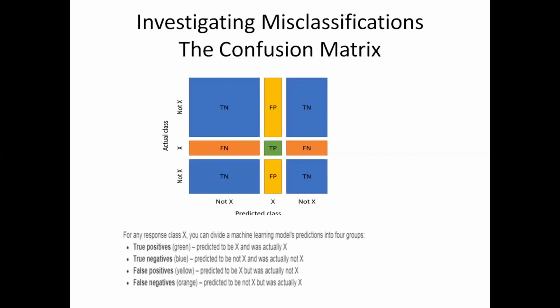Means it belongs to a different class, so it is not class X, and the model also does not predict it to be class X. Such a category is known as true negative.